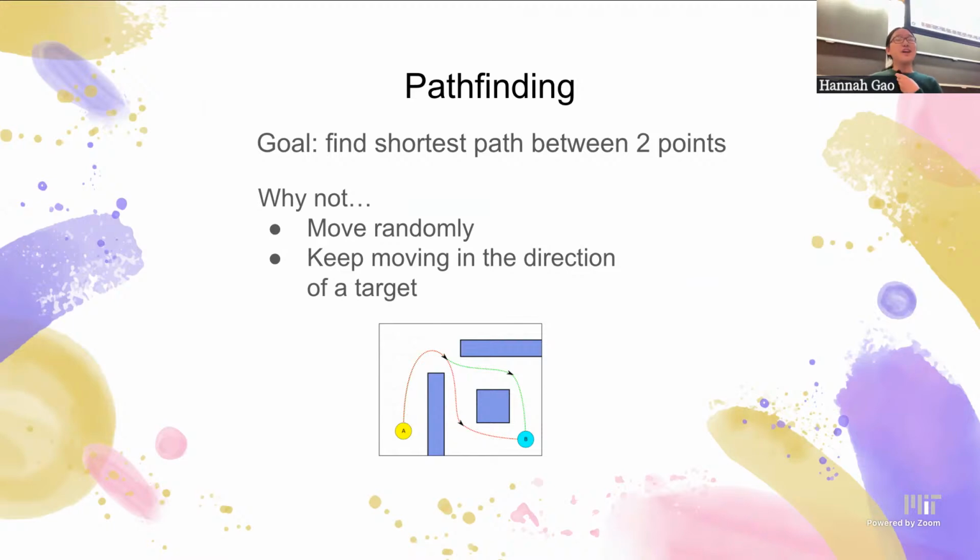Random movement can work, but it's inefficient and you can often get stuck moving around the same locations over and over again. We'll see an example of this later, but long story short, it's very inefficient and we don't want to be wasting bytecode. So that's why we use pathfinding.